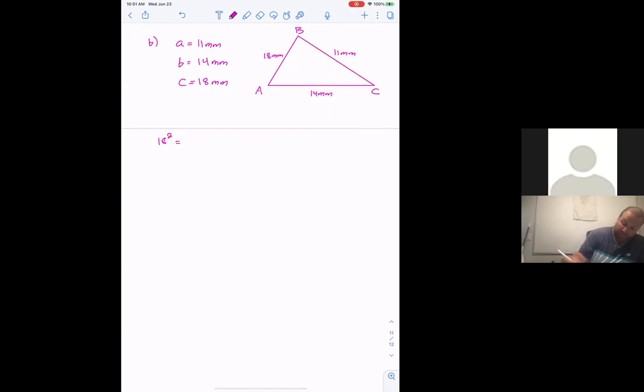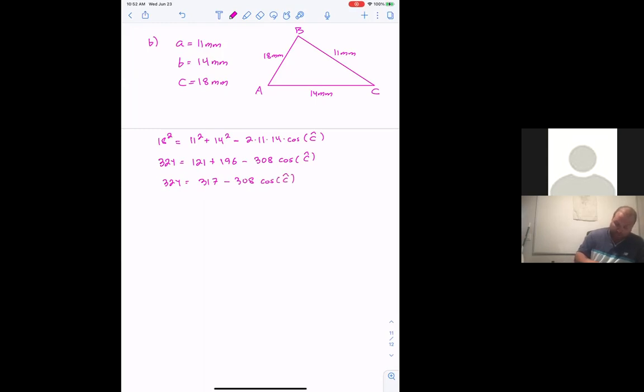So 18 squared equals 11 squared plus 14 squared minus 2 times 11 times 14 times cosine of angle C. So 18 squared, that's 324, equals 121 plus 196, and 2 times 11 times 14 is 308 cosine of C hat. 121 plus 196 is 317, so 324 equals 317 minus 308 cosine of C hat. 324 minus 317, so I get 7 equals negative 308 cosine of C hat.